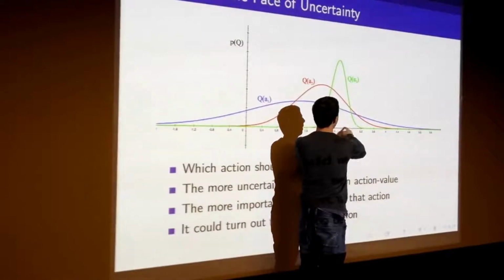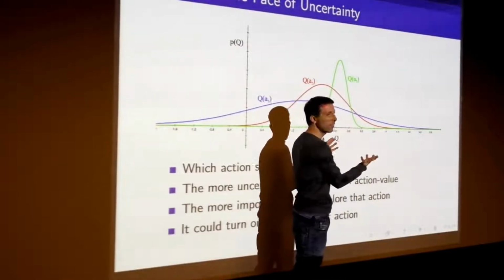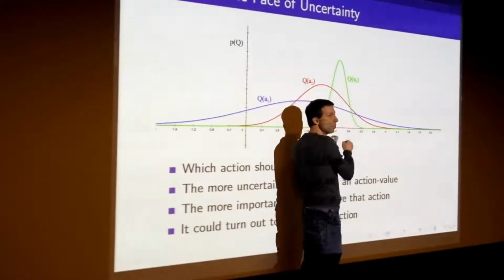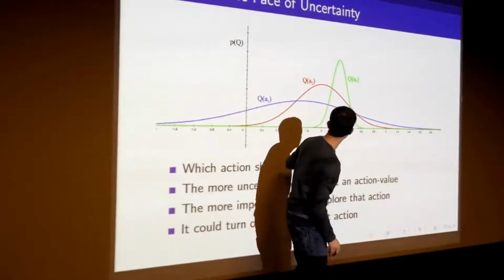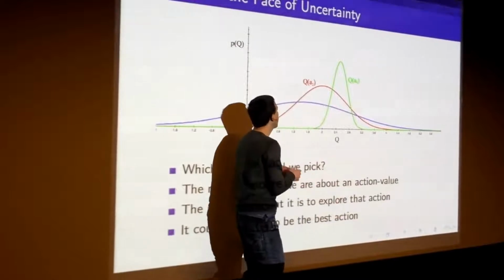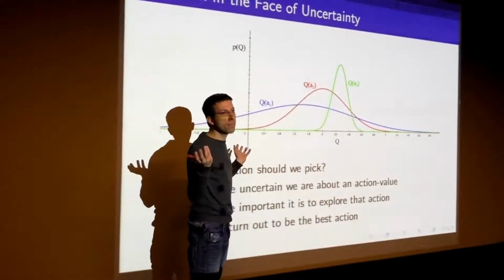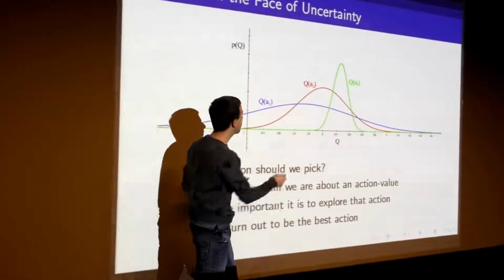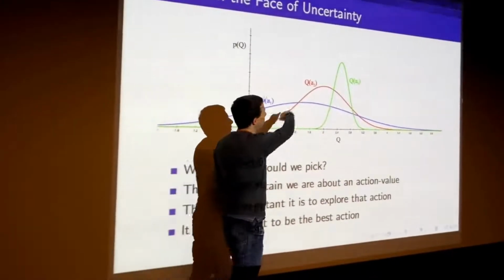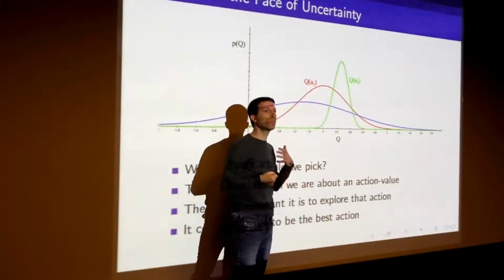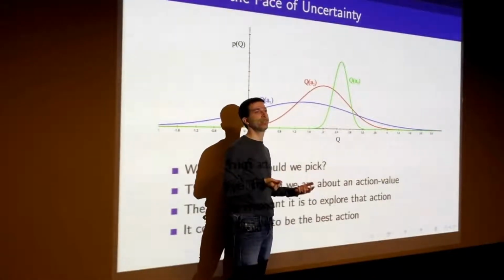This one has a width something like this, as we've tried it quite a few times. So this is our distribution over Q. We believe that the mean of this arm is around 2 point something. Whereas this blue one, maybe we've only tried a couple of times and we're really not sure what the mean is. We think it's somewhere around here, but it could essentially be anything. And the red one's somewhere in between. And the question is, which arm should we pick next?